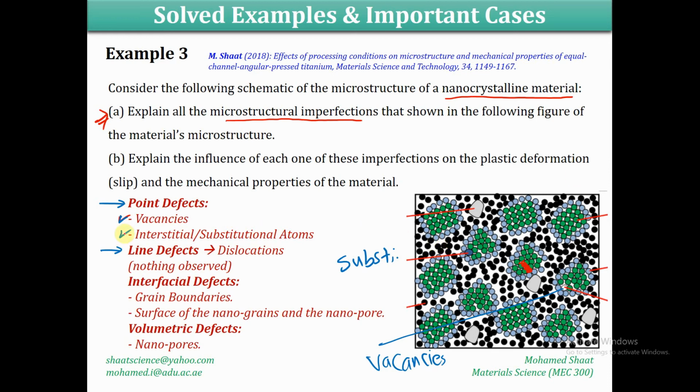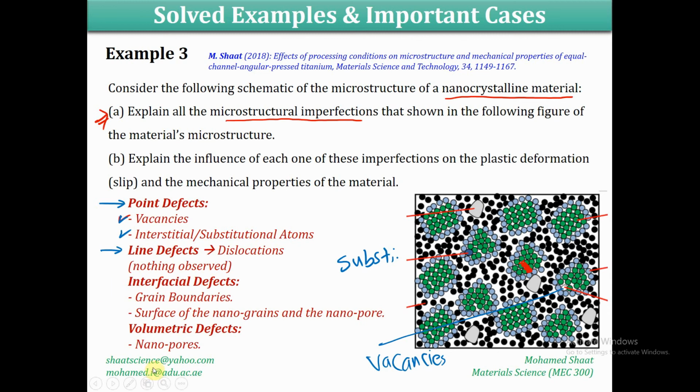Make sense? So the line defect is one of them, but there is nothing observed within this representation. In this figure, I was focusing on mechanisms other than the dislocation, so that's why I didn't represent any dislocations here. But definitely, there should be some dislocations that could be generated within these grains, as we mentioned before.